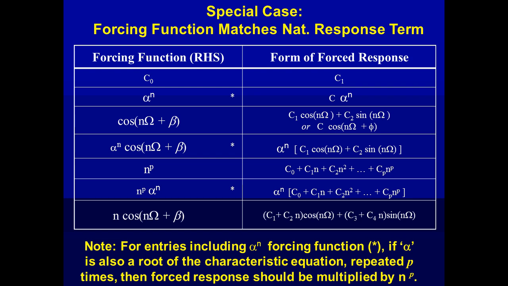When all is said and done, notice that I'll end up with two distinct terms in my zero state response. I'll still have a natural response that looks like this, a forced response that looks like this, but they're different. They're made different by this n. They won't cancel each other out, they have their own unique place.